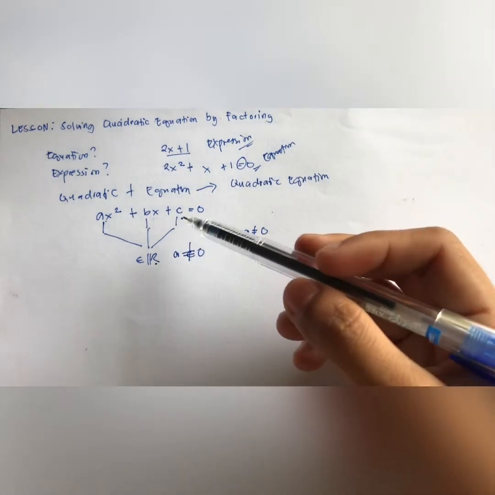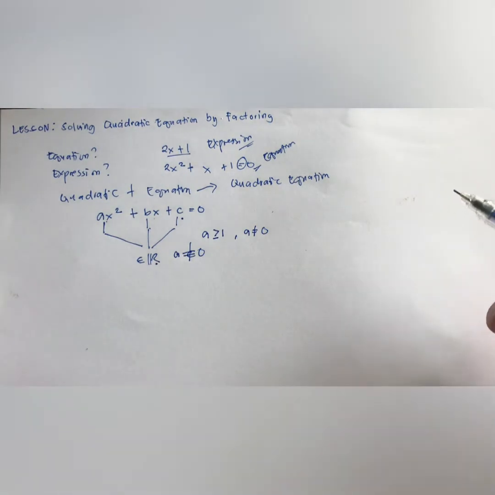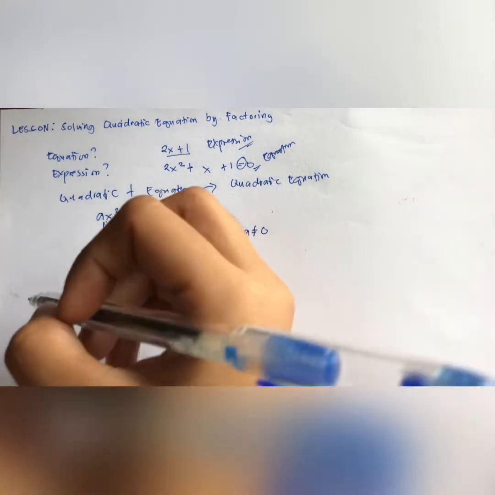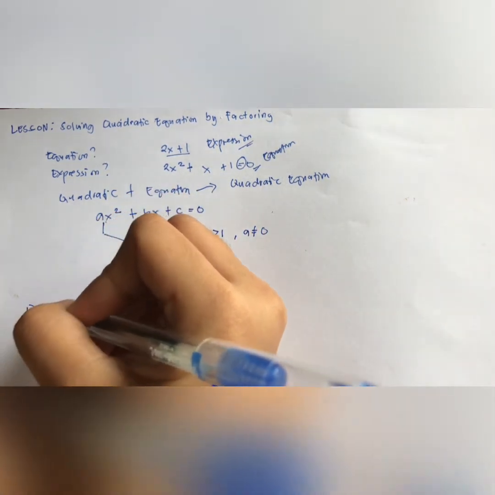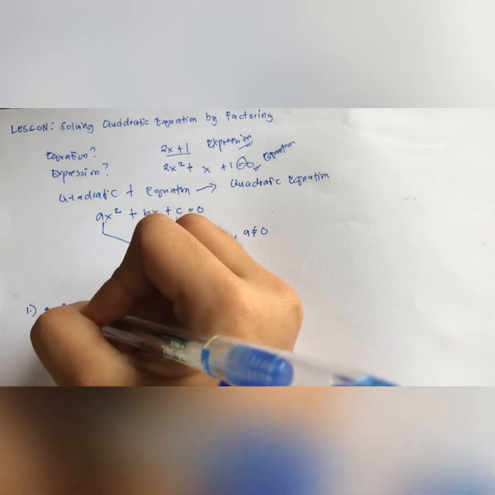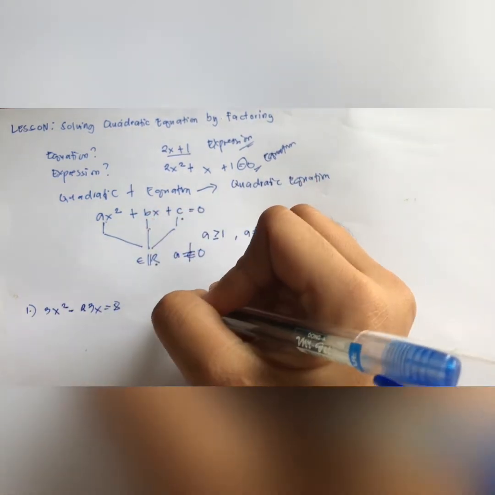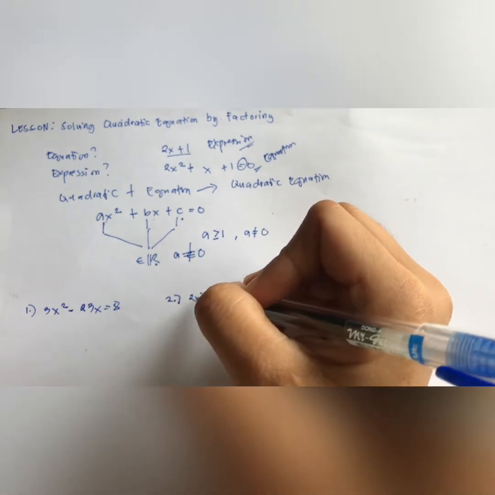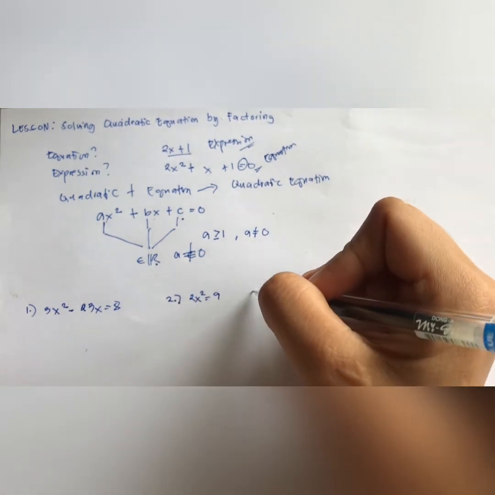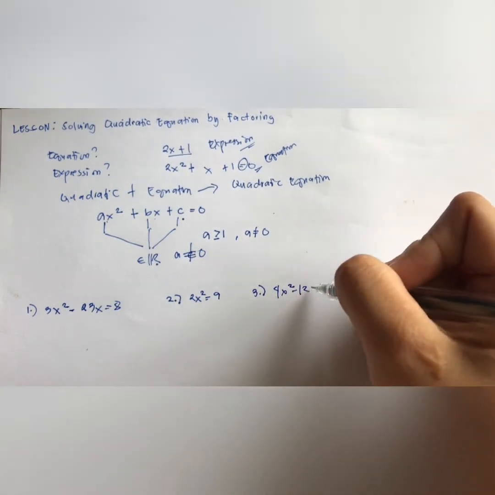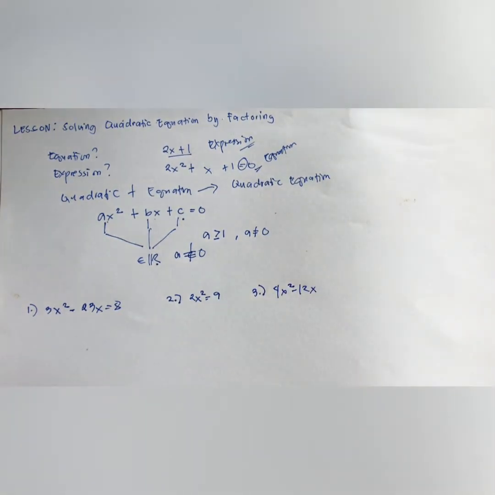Now, based on our definition, let us try to identify if these equations could be considered as quadratic equation. We have in here 3x squared minus 23x equals 8. And we have number 2, that's 2x squared equals 9. And for number 3, we have 4x squared minus 12x.